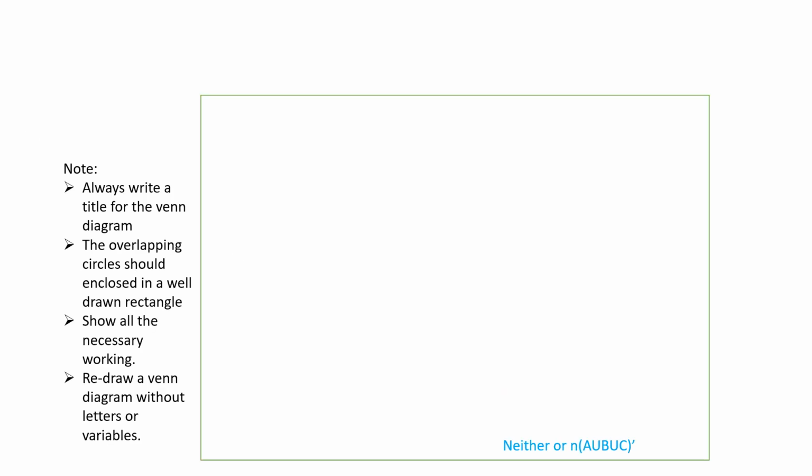Then also there is one thing: before drawing a Venn diagram, please first put a title. As I told you, in this element of construct, data and probability, make sure that you write a title, whether for matrices, graphs, statistics, histogram or algebra.